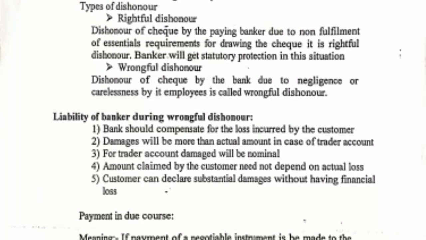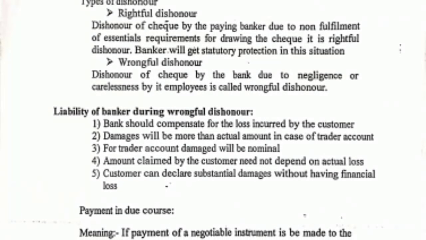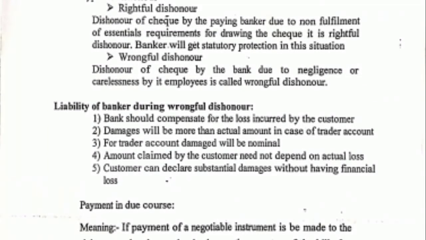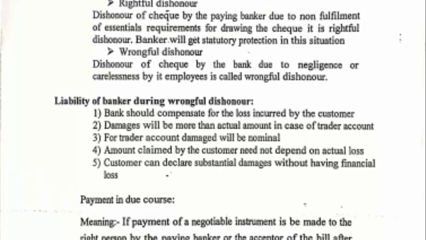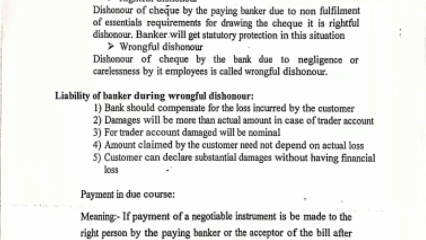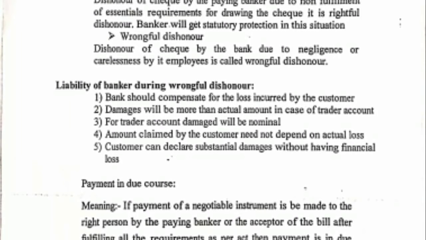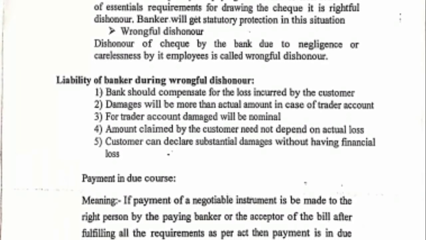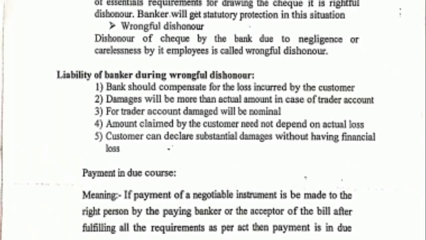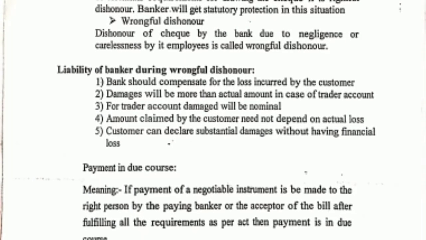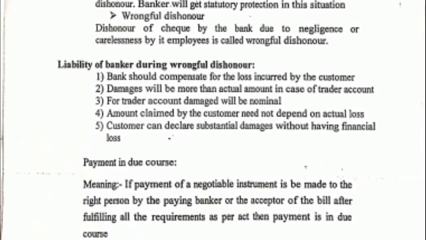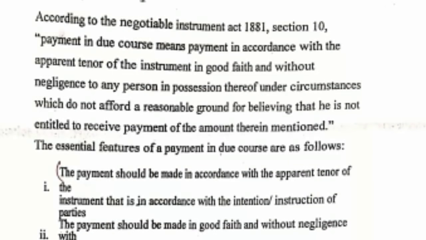Now let's know why dishonoring of checks is done. Because the check is invalid if there is no proper format, no proper signature, proper date or proper amount, or there is no amount in the bank account of the person who has drawn the check.